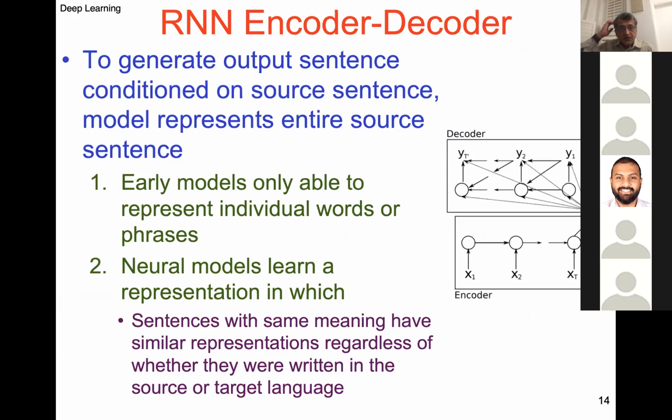So the RNN encoder-decoder generates an output sentence conditioned on the source sentence. The model represents the entire source sentence in the encoder, whereas early models were only able to represent individual words or phrases. Of course, these words are all converted using word to vec, right?